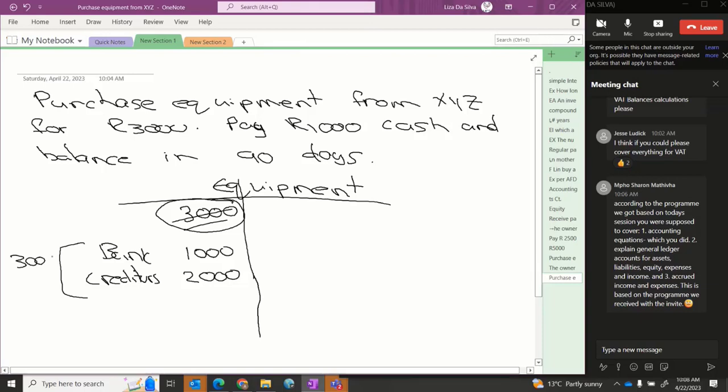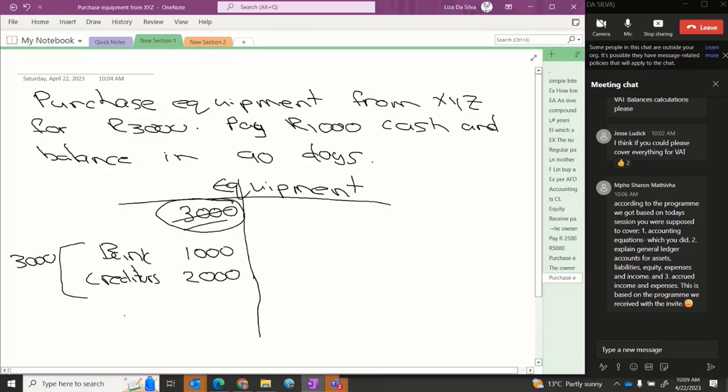So if you get a transaction like that, and they say, here is all your balances, but when they went through the books, they saw that you bought the equipment for 3,000 Rand, but it wasn't done correctly. Can you see that in your equipment account on the debit side, first of all, you had 1,000 Rand that you paid cash, and then the rest must go to creditors.